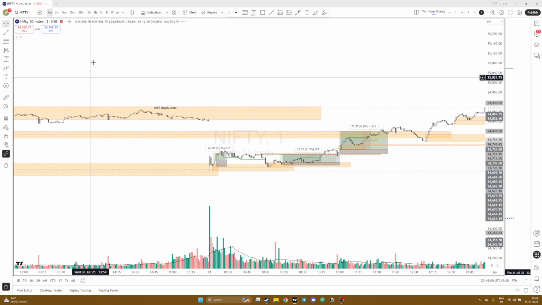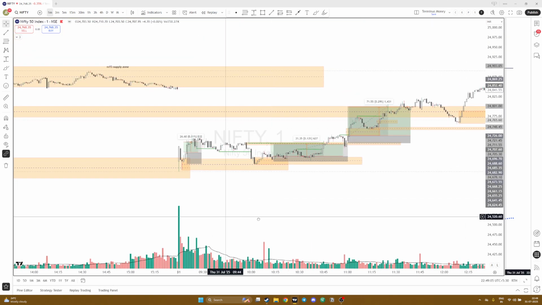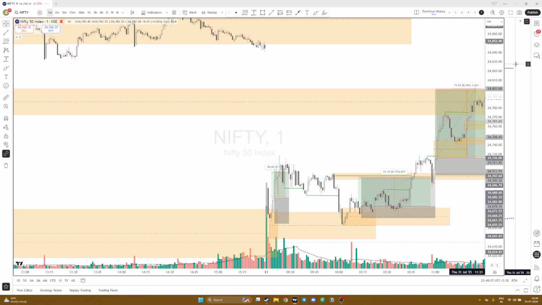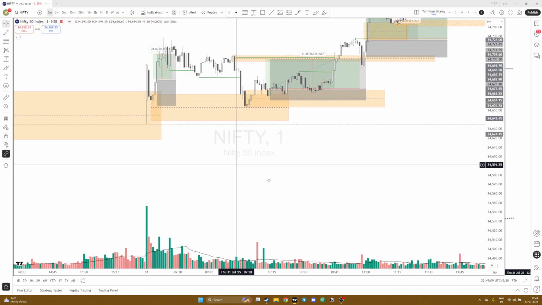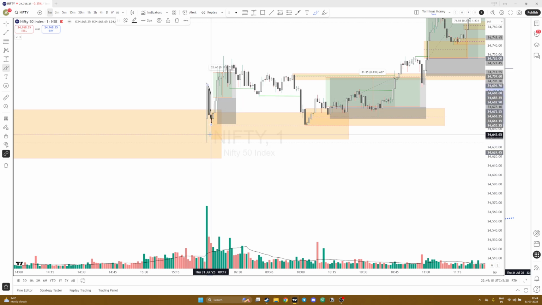Let's go to the smaller time frame. This is 1 minute time frame. I'll expand it up. Just listen to what I am saying, you will understand it. So as per my bias, the market opened down, it moved down, took the liquidity, or just took some support here, and when this engulfing happened, it just confirmed this zone.